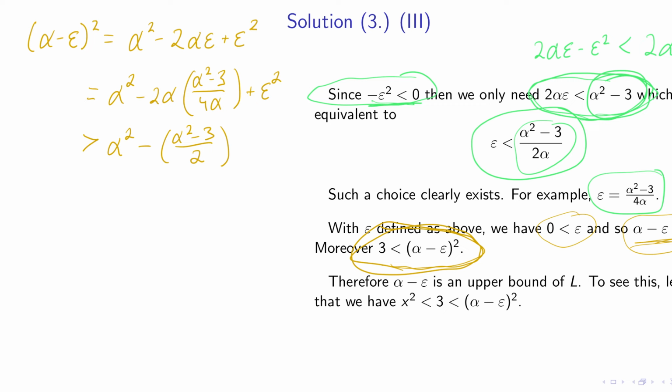So here I've written a little bit out. We'll start from alpha minus epsilon squared. Our goal is to demonstrate that with epsilon defined as we have chosen, this thing must be bigger than the number 3. So we're going to work towards somehow getting the number 3 here. Of course, I can just multiply this out and get this expression.